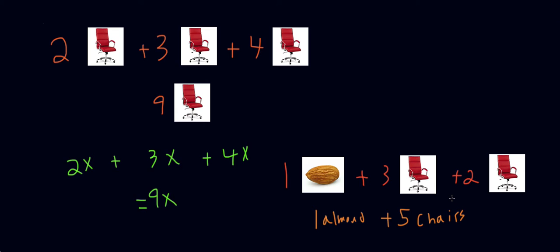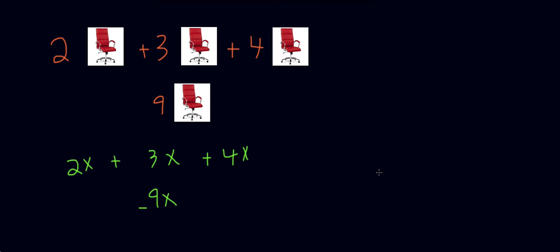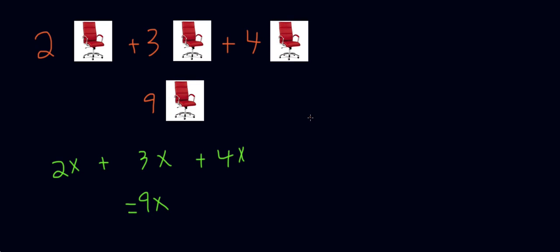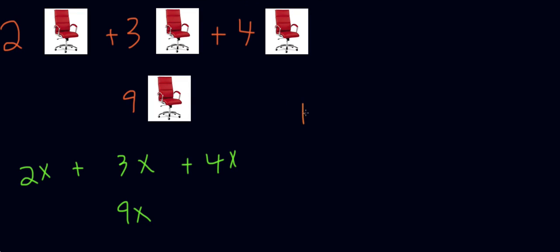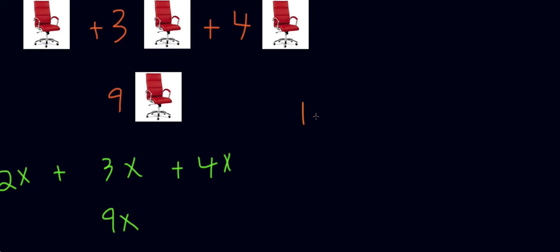So now a little bit more abstract way of writing what we just wrote is, instead of almonds and chairs, we can have 1y. Not quite sure why it's zooming like that.